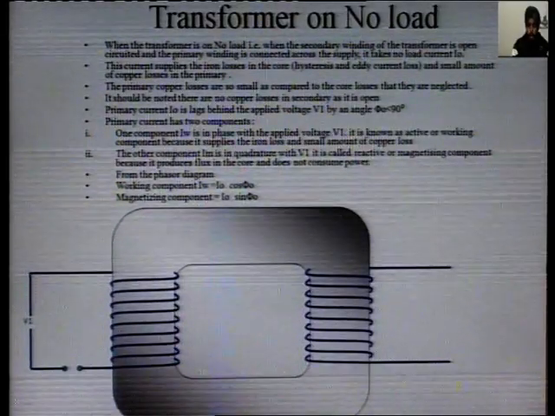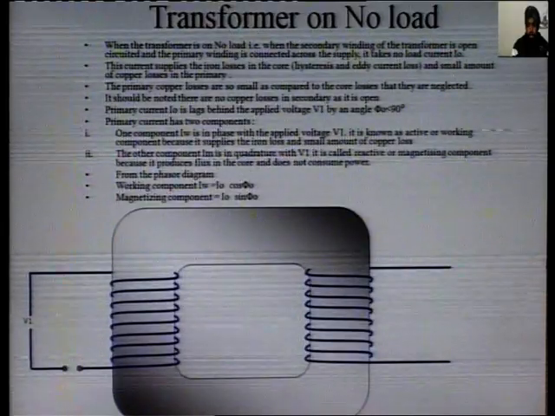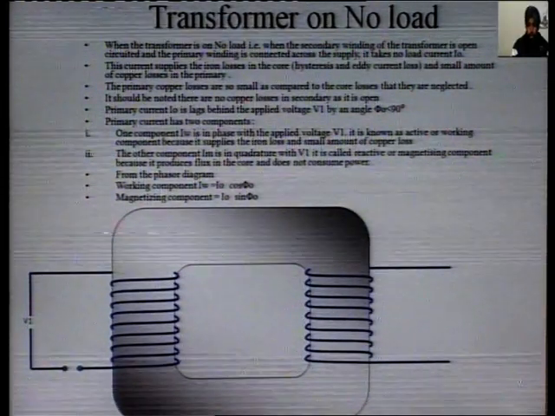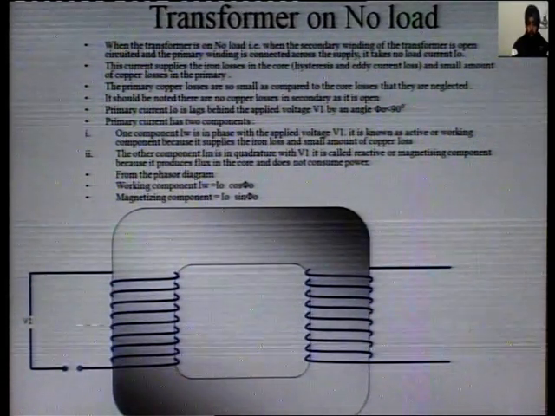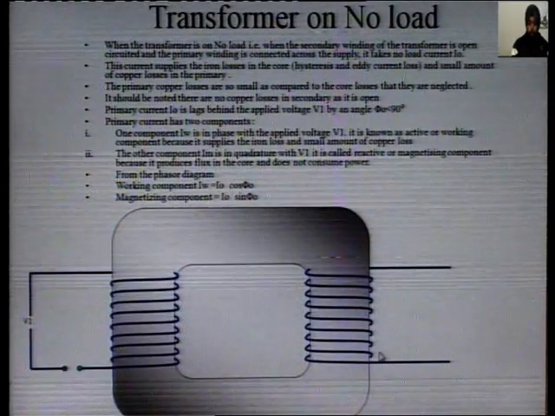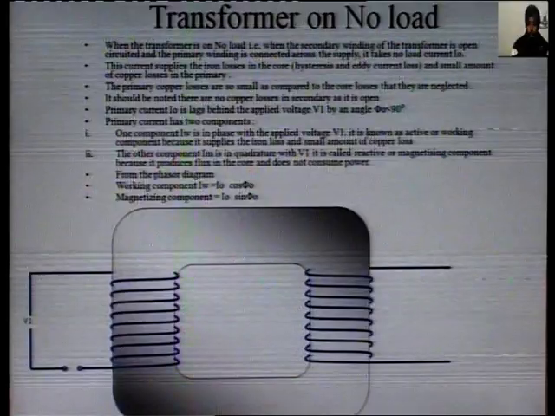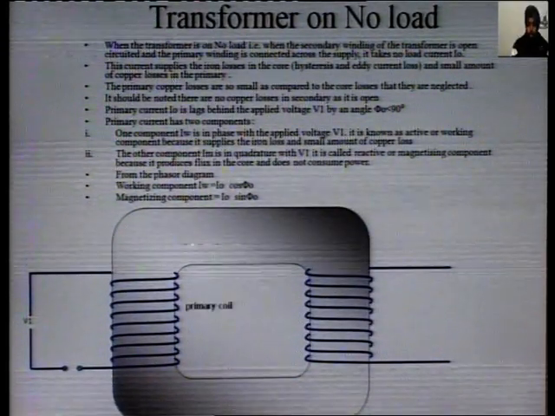The other component IM is in quadrature with V1. It is called reactive or magnetizing component because it produces flux in the core and does not consume power. From the phasor diagram, working component IW is equal to I naught cos phi naught, and magnetizing component IM is equal to I naught sin phi naught.